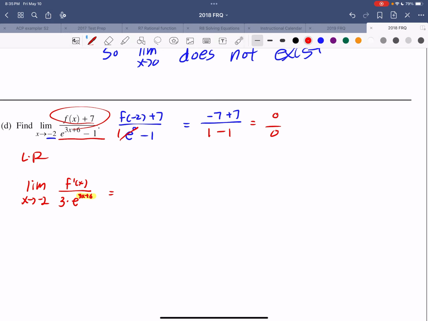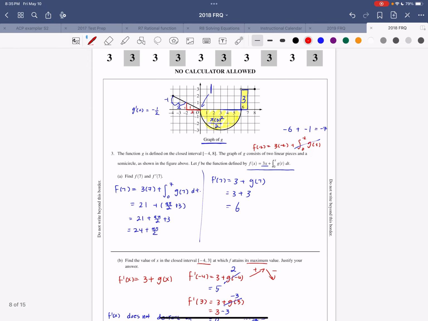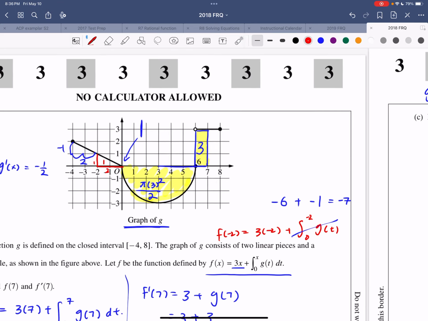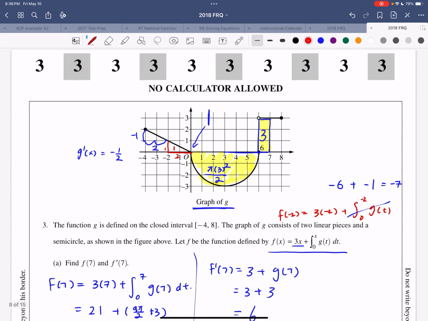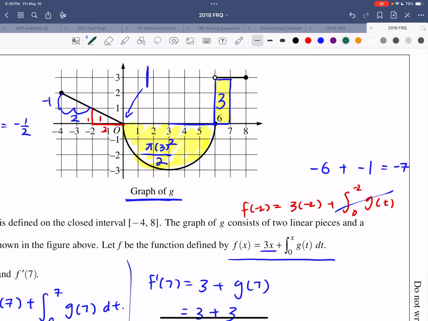So let's do this. Now I have to find what the heck is f prime of negative 2. So let's go back here. Do you see you have to go back and forth a lot of times here? So I'm going to use green color. So now I'm going to differentiate it.